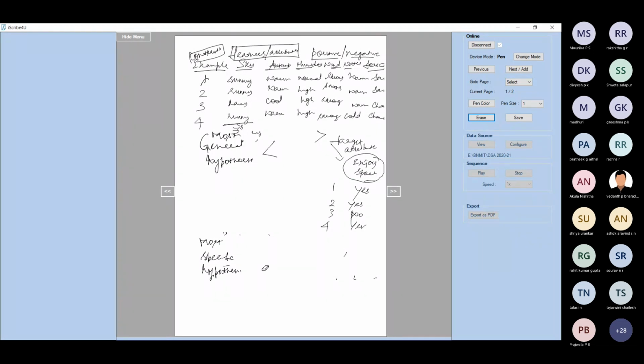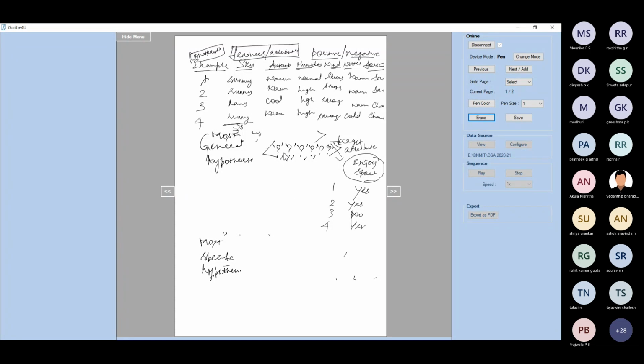Most general hypothesis means you are very flexible. You say any value is acceptable for sky, any value is acceptable for air temperature, humidity, wind, water, and forecast. So you are being very generous, right? You're telling any value is acceptable.